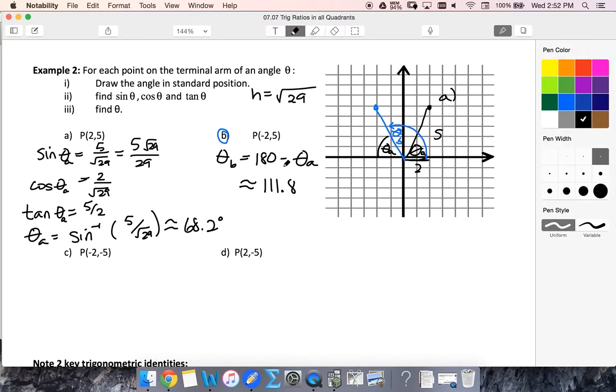And now let's go and look at what our calculator would have said with our different ratios. So for my x value, that's negative 2. My y value is positive 5. So in this case, sine of theta B is going to be 5 over root 29 again. So exactly the same as this one. Let's go and look at that.